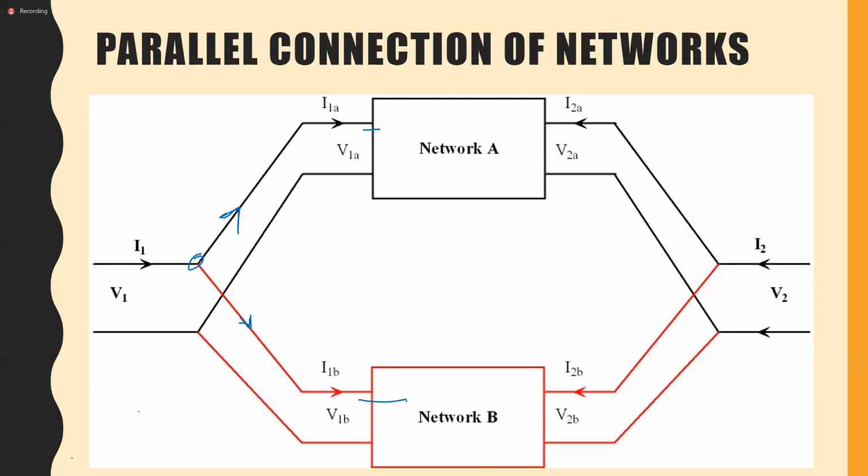Now, when you look at the voltage for the two, note, voltage is a difference in potential between two points. So here I have V1. This is one terminal, and that's another terminal. So that's our port, and the voltage V1 is at that port. If we just look at the lines here and here, would you agree with me that this voltage is the same as this voltage?